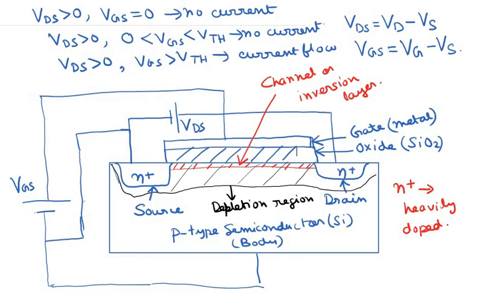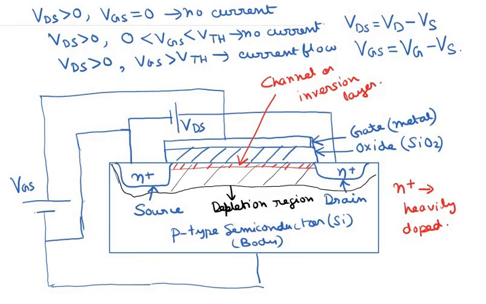A MOSFET does not draw any current from its input signal source because of the presence of the insulator between the metal and the p-type body. This insulator prevents any current flow from the metal to the p-type body, so the MOSFET does not demand any current from the signal source. That way we are safe from the demand of input current from the signal source.